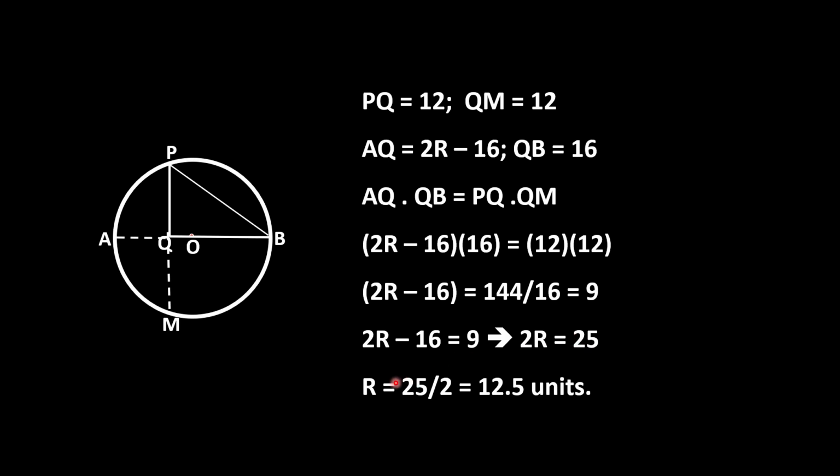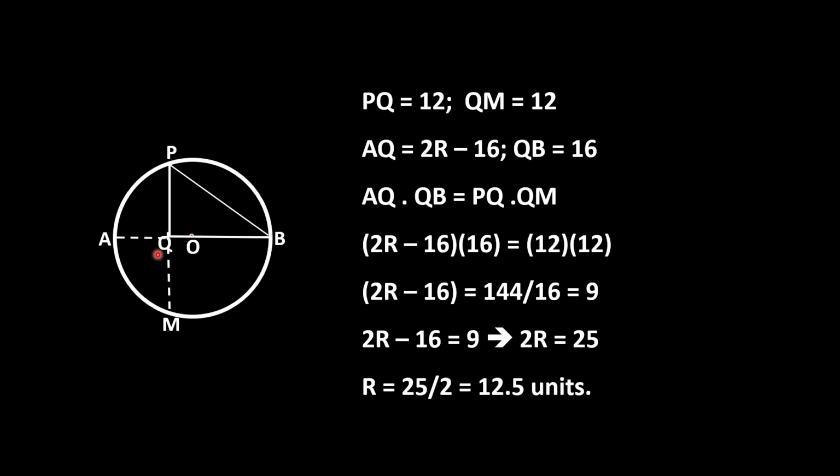So R will be half of that. 2R means the diameter, so R will be half of that, that is 12.5 units. We are applying the theorem of intersecting chords. When two chords intersect, AQ into QB should be equal to PQ into QM.